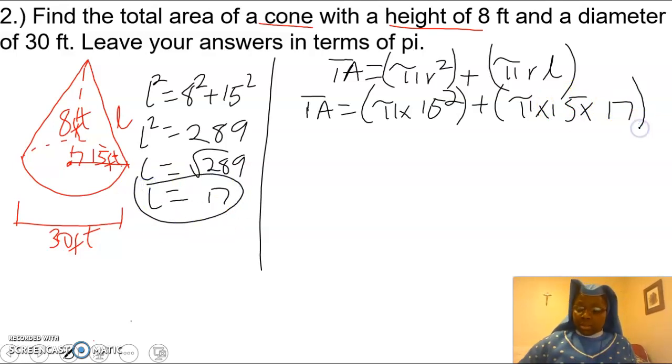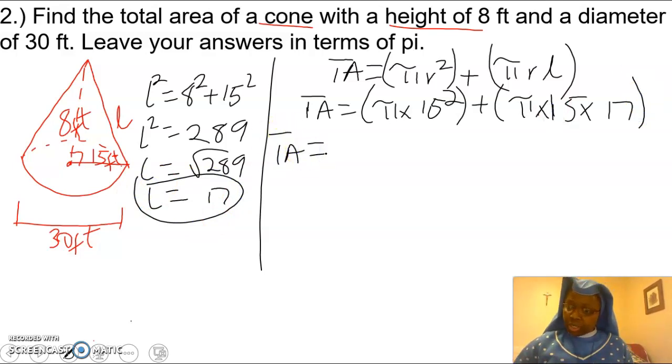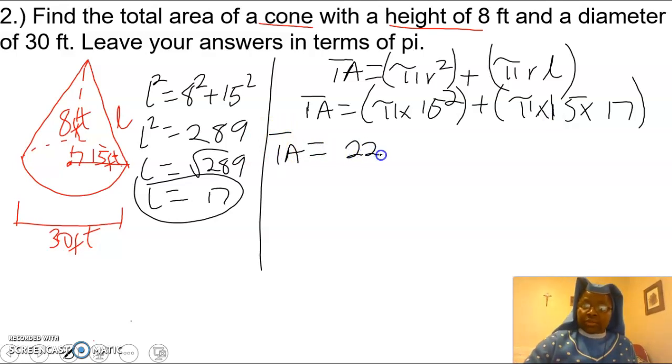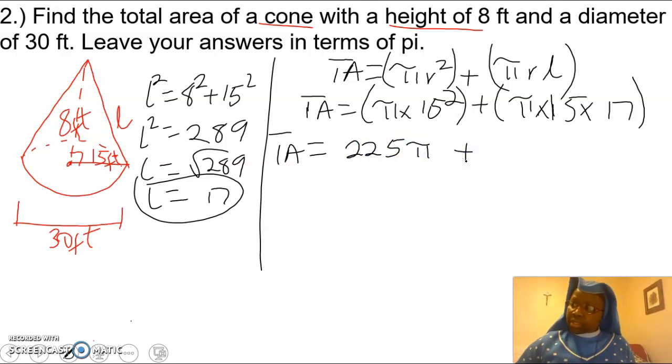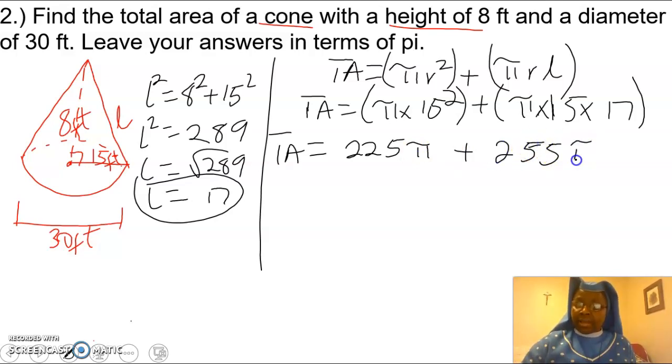Okay, and we multiply those. So the total area is going to be 15 squared. 15 squared is 225 times pi, plus 15 times 17 is 255 pi.